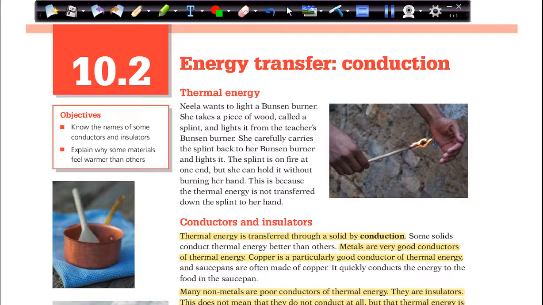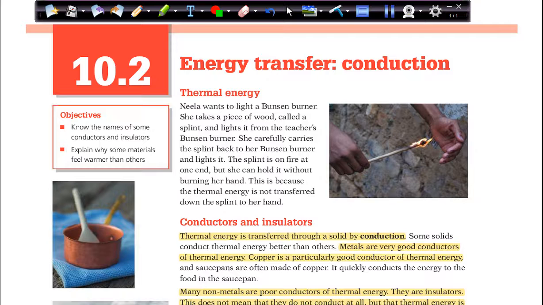We studied before about hot and cold and the difference between energy and temperature. So we said that temperature is a measure of how hot or cold something is, and we can measure it in degrees Celsius with a thermometer.